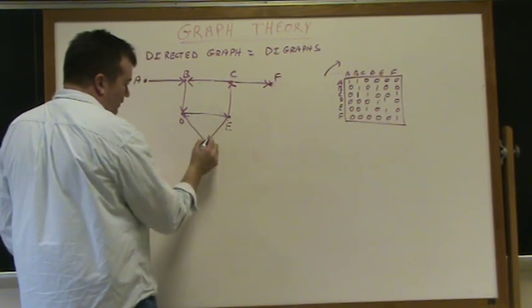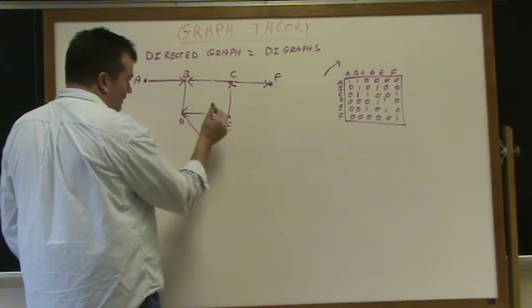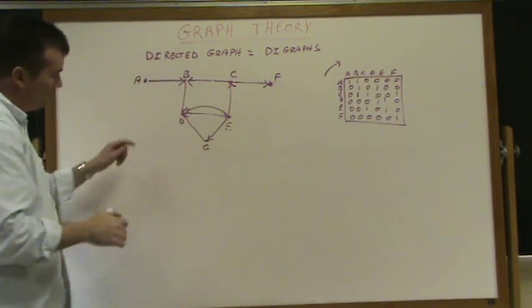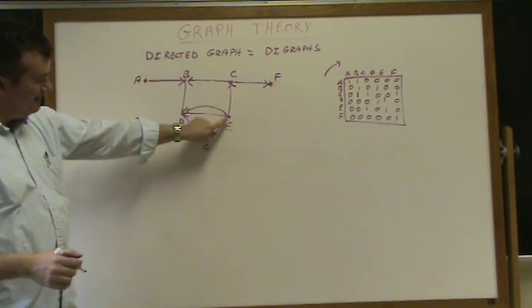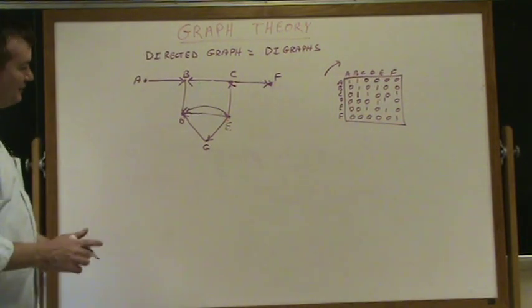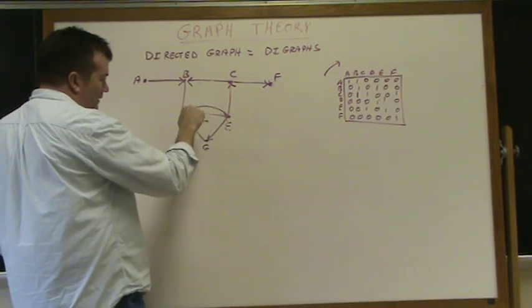So there's a G point, and then we decided to add another arc like this. Looks like a little cheating, but now the connection between D and E, and there's also a connection between E and D.